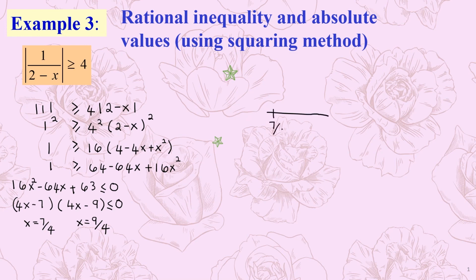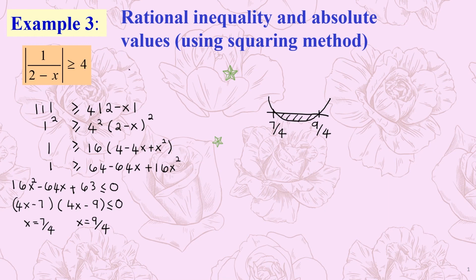So 7 over 4 and 9 over 4. Small graph since the coefficient of x squared is positive. And then we're going to shade the region since y is less than 0. So we are shading this in between 7 over 4 and 9 over 4.